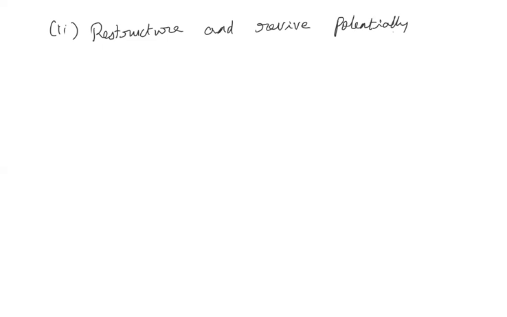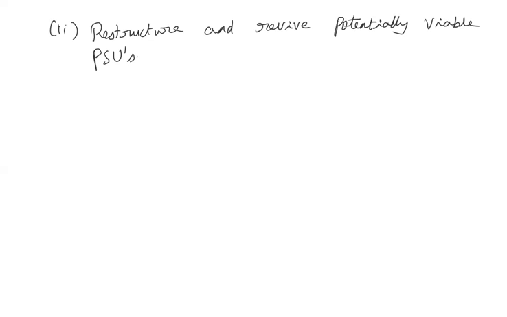Then the second one is restructure and revive potentially viable PSUs. This I have explained to you. We have seen the same thing in the 1980 policy: what was the policy of the government towards industrial sickness?